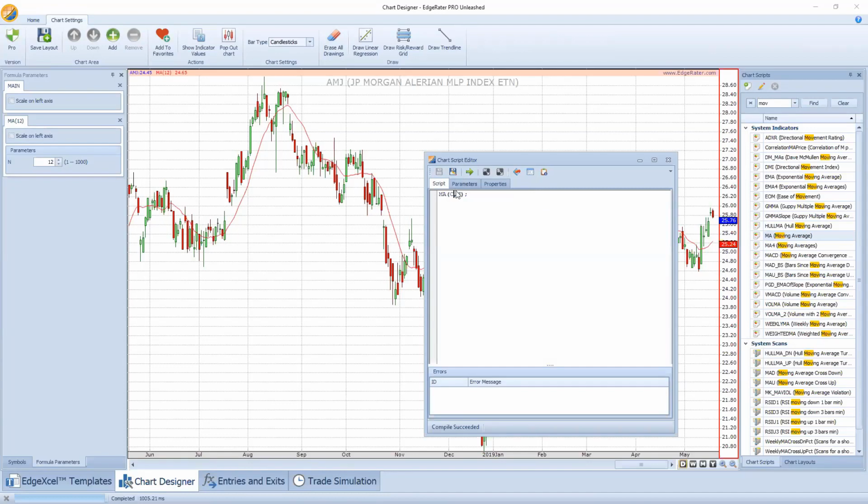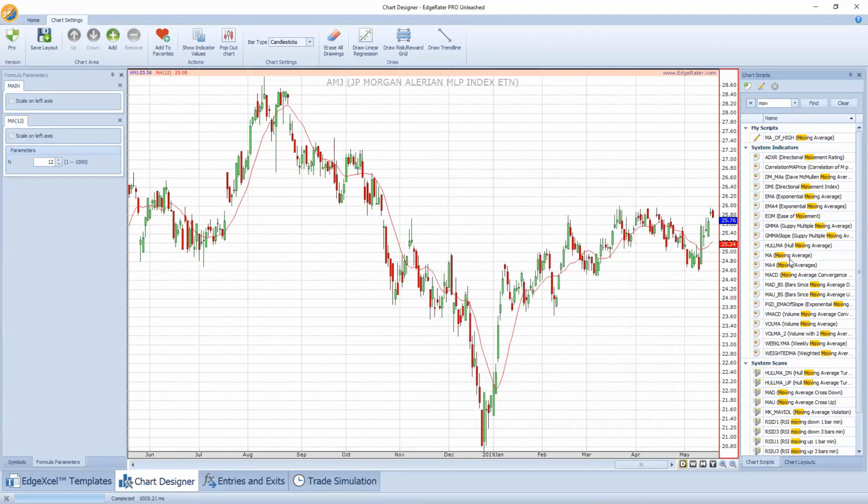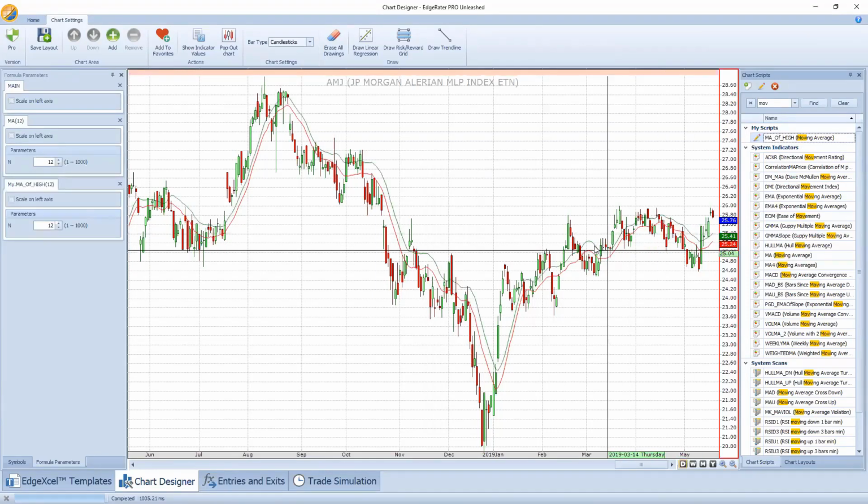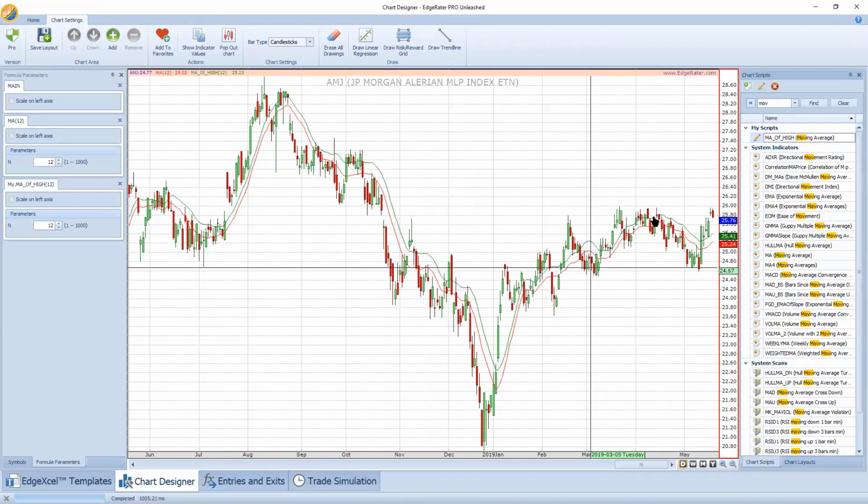If you wanted to make that moving average of highs, you would go MA H N period, save as, and I'll call it MA of high. Once you've saved that, it's not going to overwrite the moving average in the system indicators. It's going to go under your My Scripts area, and now you have a moving average of highs. So you can add that in over here, drag it onto the chart, and you've got your own custom indicator there.